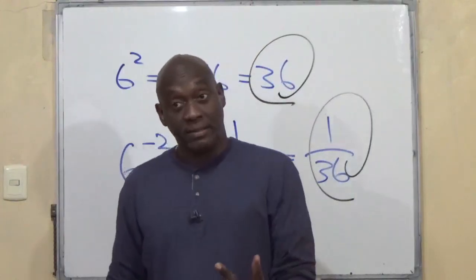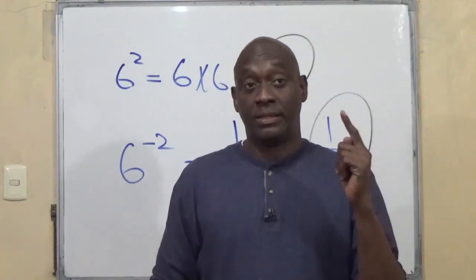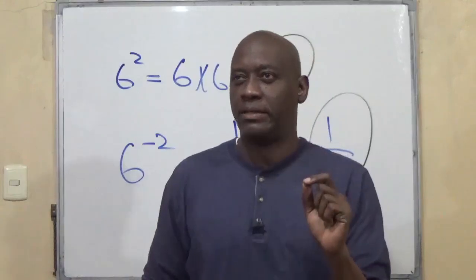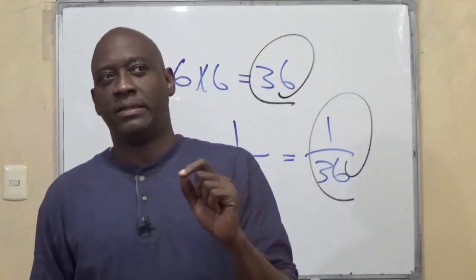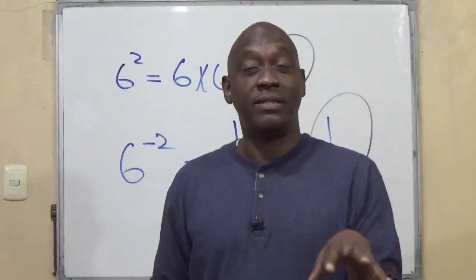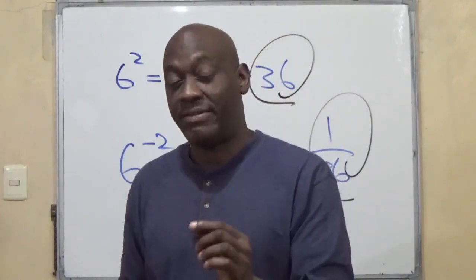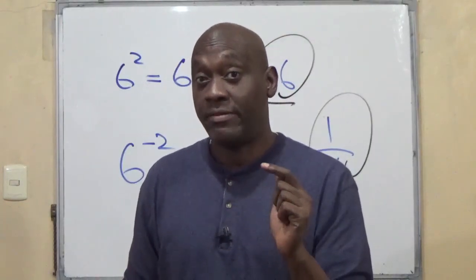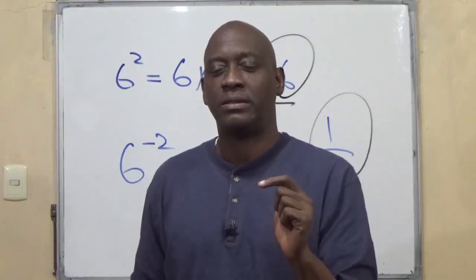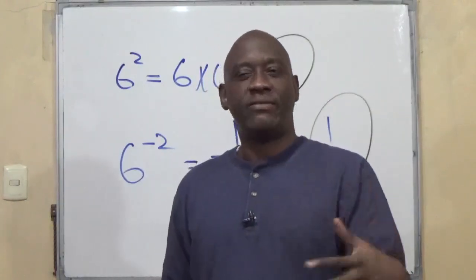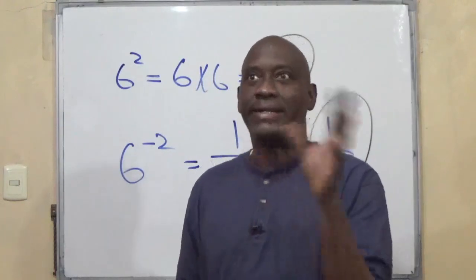All of that to say that I want you to keep in mind that usually, not every single time, but usually the negative sign signifies reversal. If you keep that in mind, it would save you a lot of trouble in terms of trying to understand certain things.